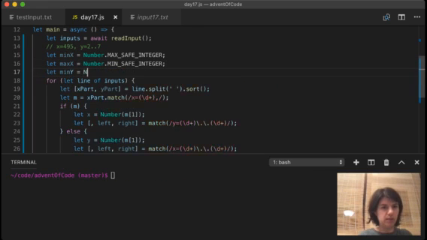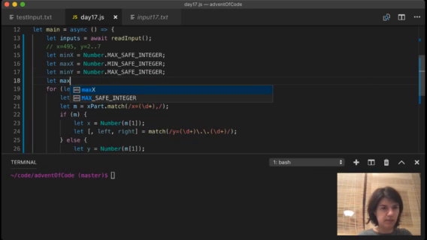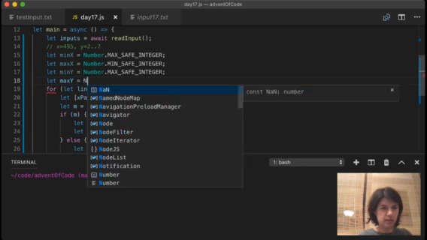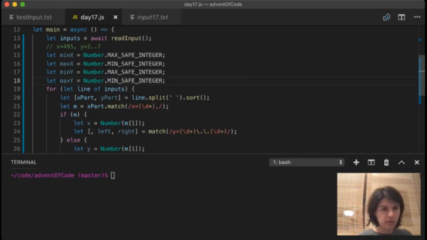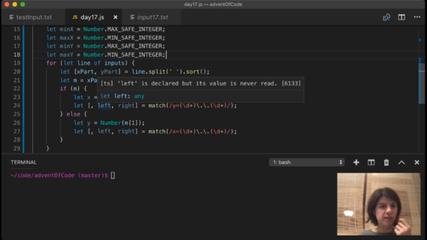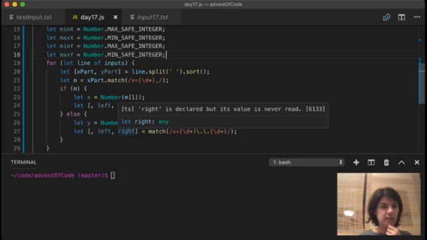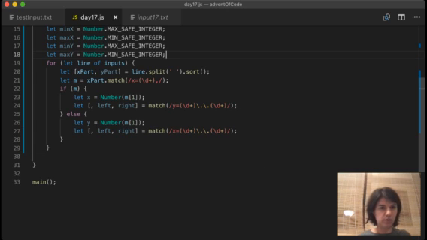Let min y is equal to Number max, and let max y is Number the smallest one. So here we have left and right. Here we have left and right. I kind of want to add them to my board, but I think I want to get the dimensions of this board first, just to be on the safe side.